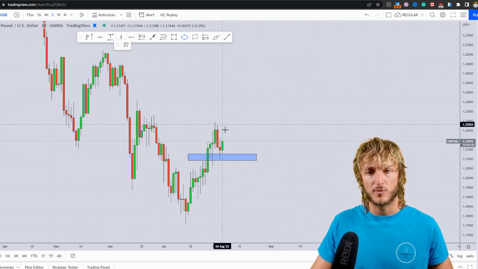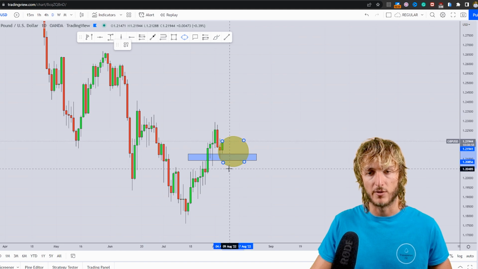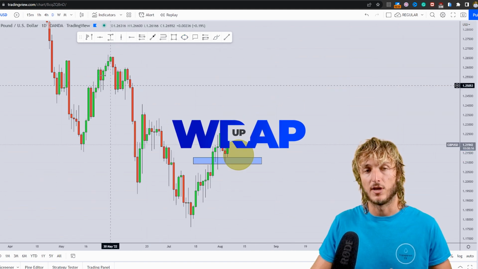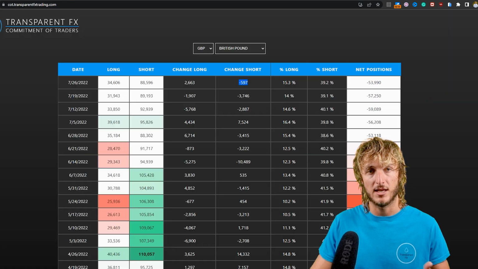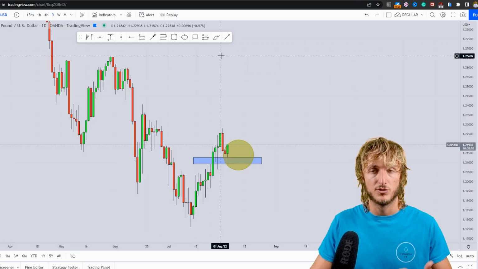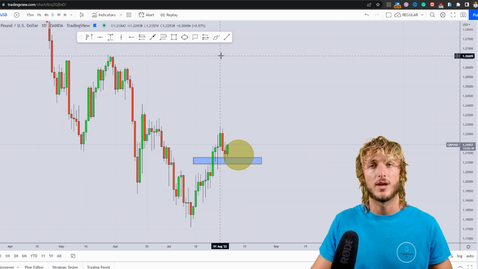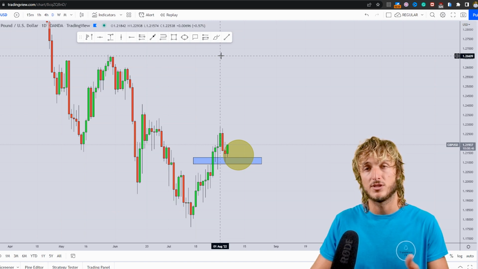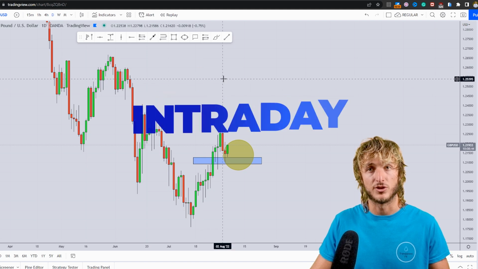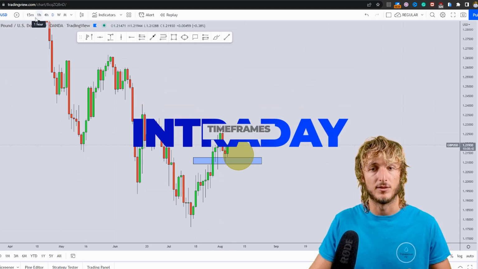So how could we be approaching this potential move higher? As usual, trading is reactive and not predictive. The monthly, weekly, and daily combined with the COT data are the best time frames from a directional perspective. However, when it comes to confirmations and entries, the best time frames are the intraday time frames, so 4 hour and lower.